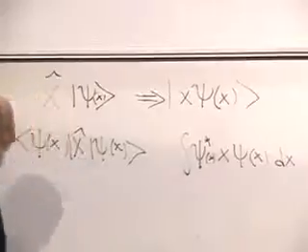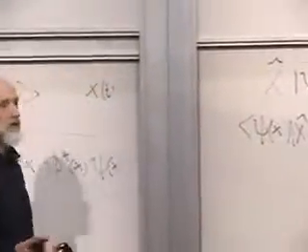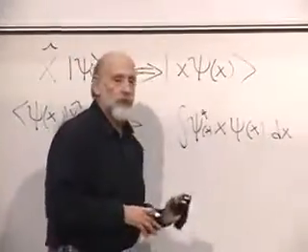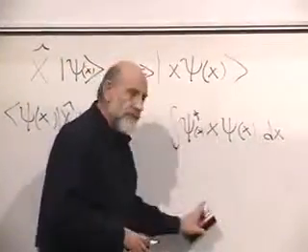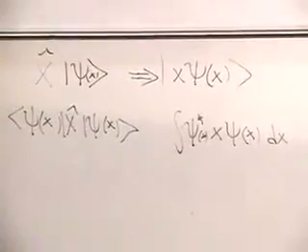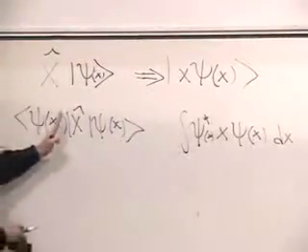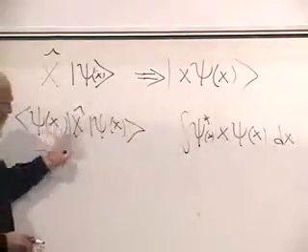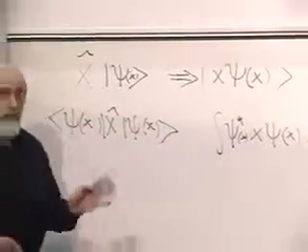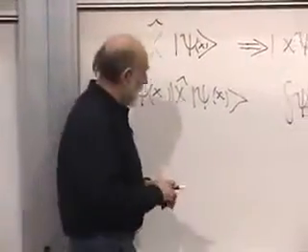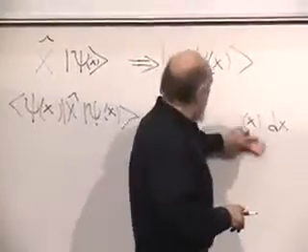This is surely real. Psi of x times psi star of x is real. x is real. dx is real. This is a real number. Whatever psi is, this is always real. So it follows that the matrix element of x between equal vectors is always real. That's necessary and sufficient for x to be a Hermitian operator. So x is Hermitian. That must mean it has a lot of eigenvectors.